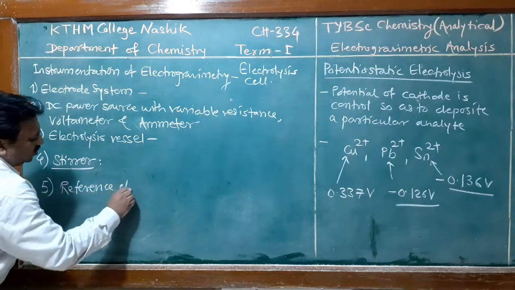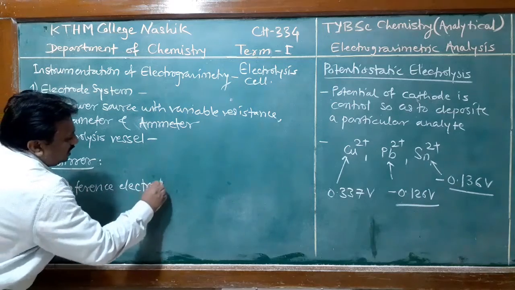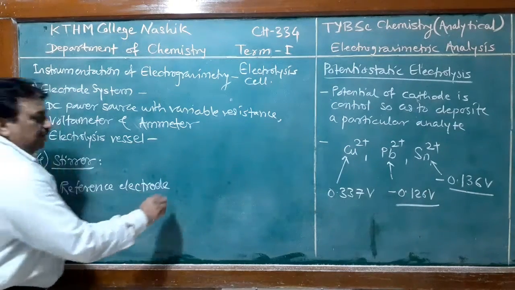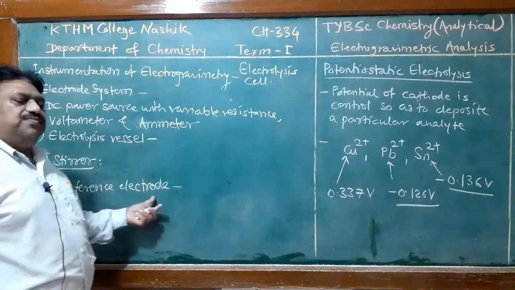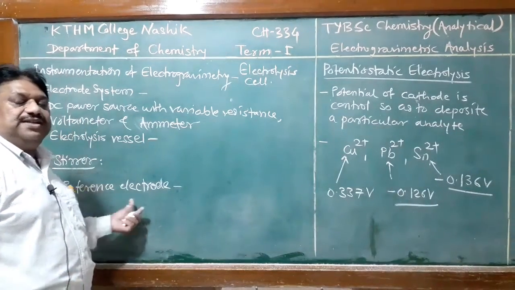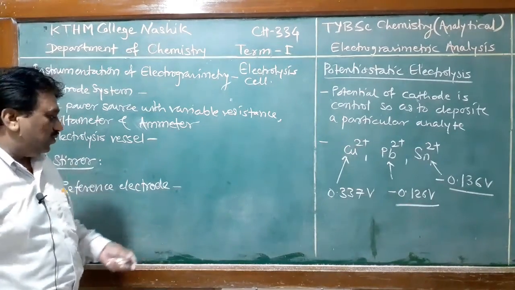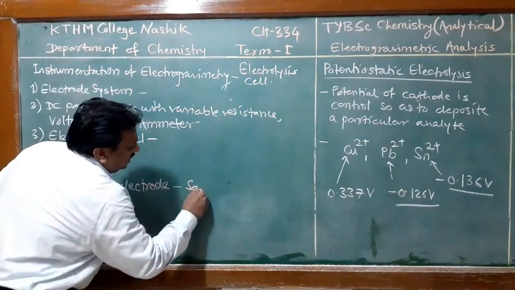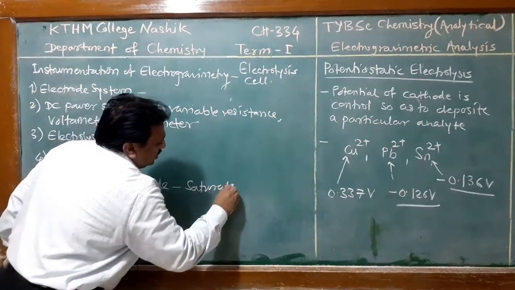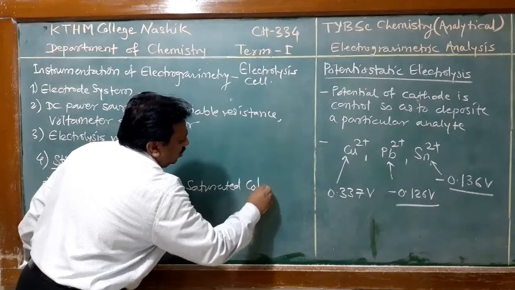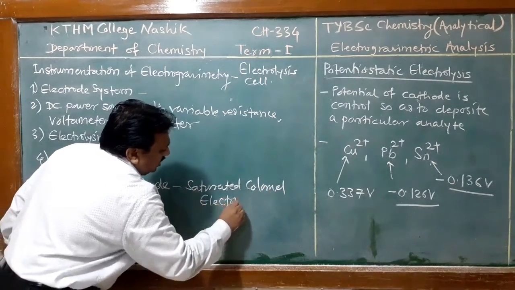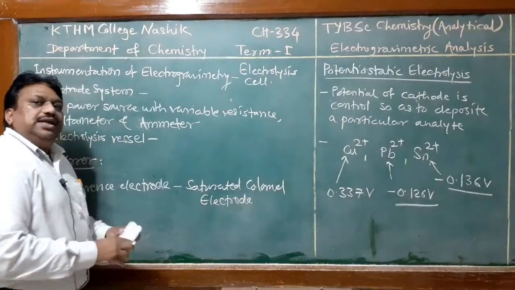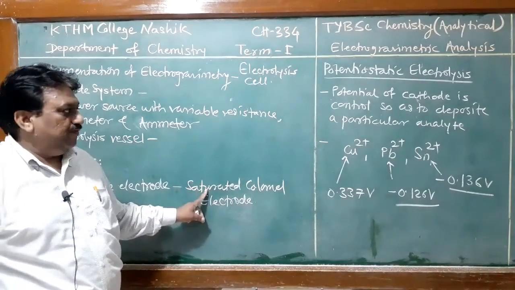Here the reference electrode is coupled with the cathode and the potential of the cathode is measured in comparison with this reference electrode. Generally the saturated calomel electrode is used as a reference electrode in the electrolysis process also.